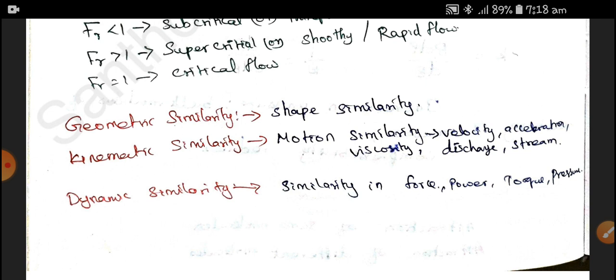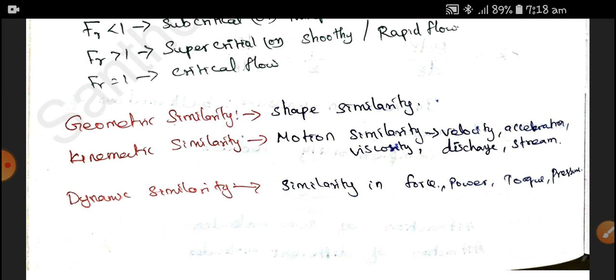So with this I am closing today's session. The fluid mechanics model law is very important, and it is very interesting for finding the relation between the model as well as the prototype.